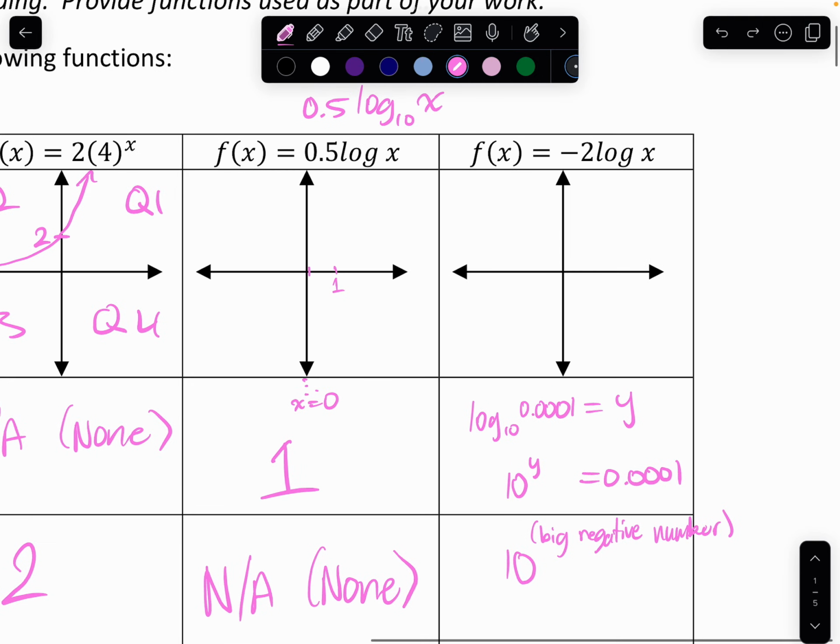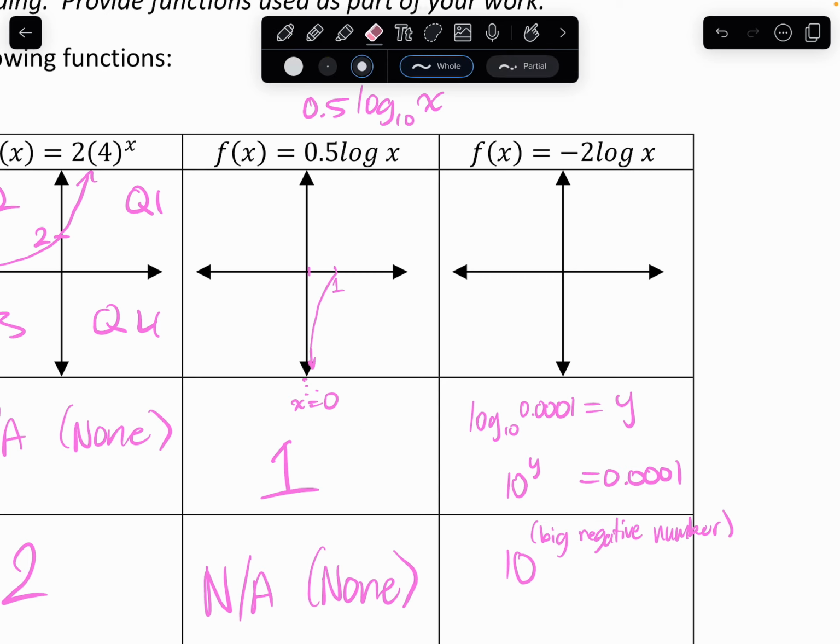So it's going to be all the way down here. And then we're going to come up, and as we get closer to 1, it's going to come closer to 0 as our y number, right? Because we just established 10 to the 0 equals 1. It's getting closer to that, and it's going to hit 1 as it hits 0.